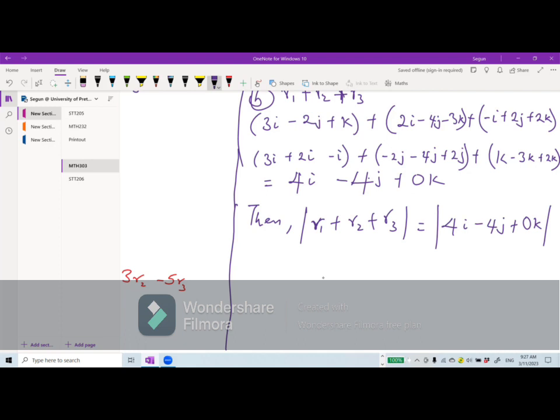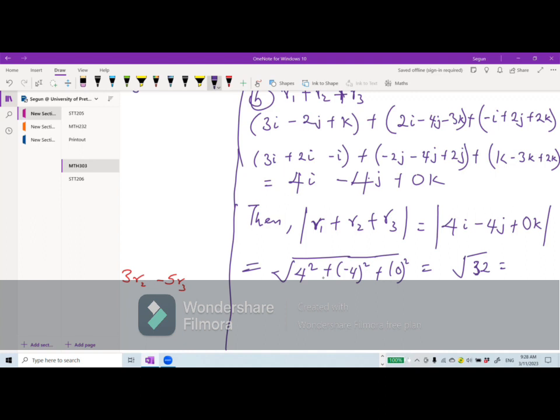So in this case now, I have the square root of 4 squared plus negative 4 squared, then plus 0 squared, which is the same thing as the square root of 32.